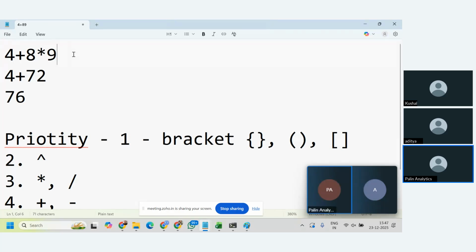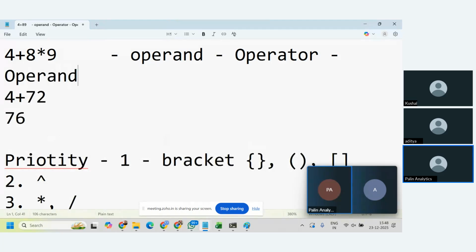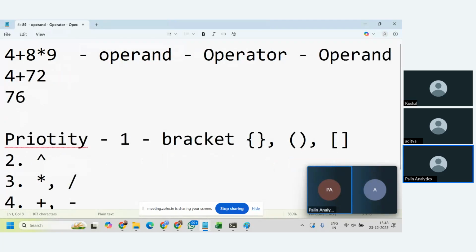So what is this prefix? Right now in infix, what we are doing is, first of all, there is an operand, then an operator, and then an operand again. In general terms, these things are arranged like this.